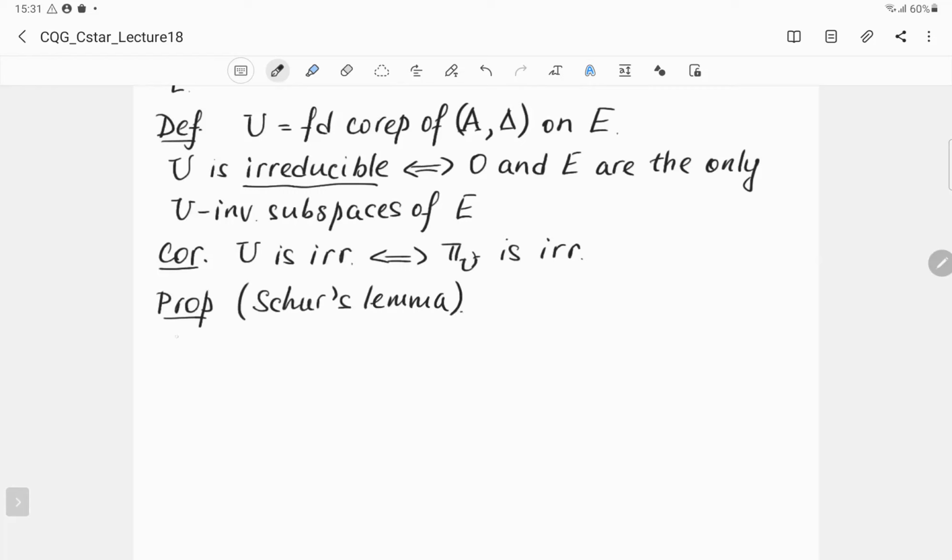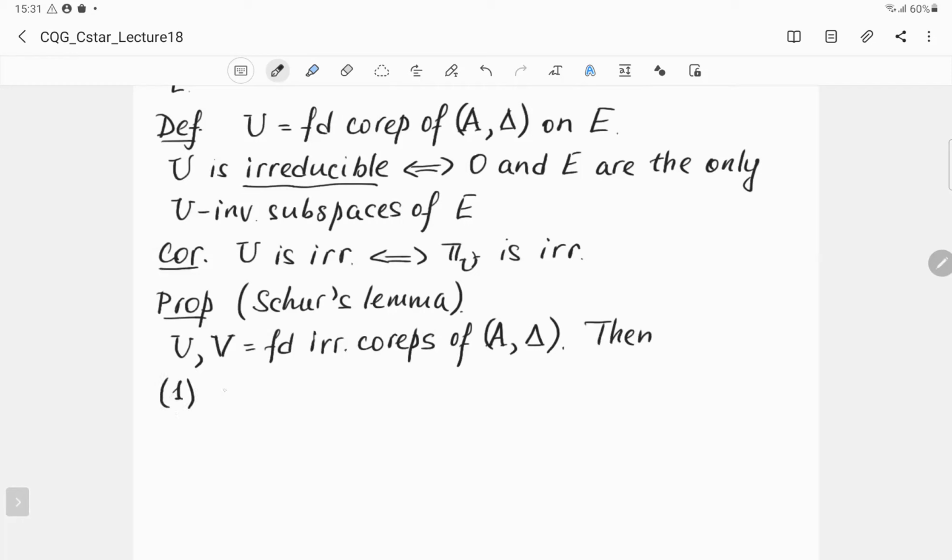Suppose that we have two finite dimensional irreducible co-representations, U and V. Then the following results hold. First of all, if U and V are not isomorphic, then the only morphism from U to V is 0.